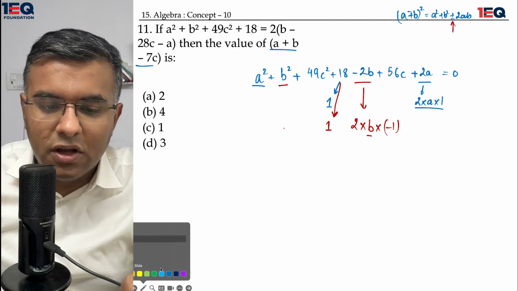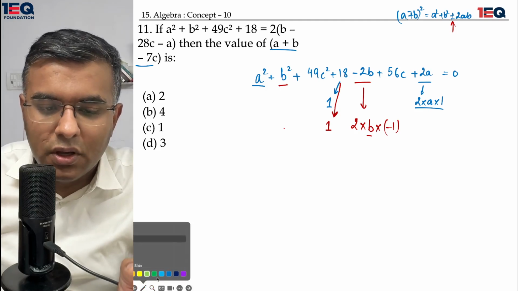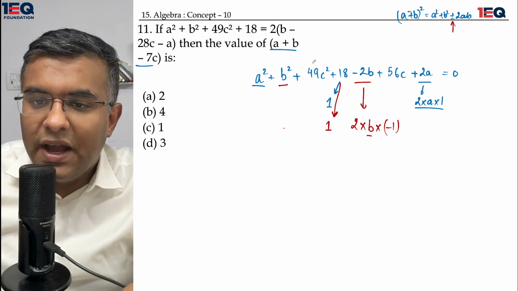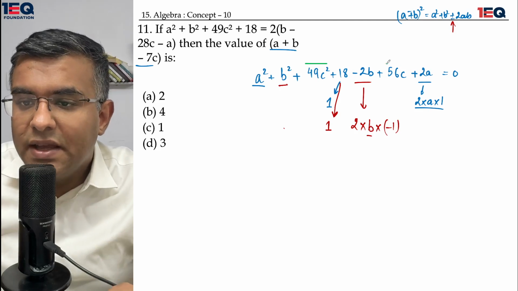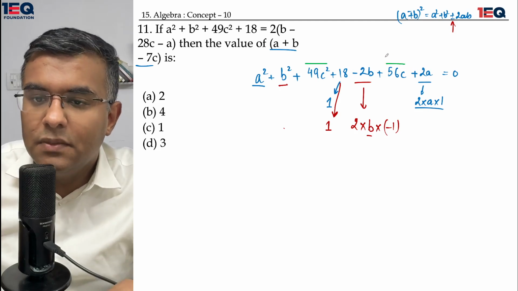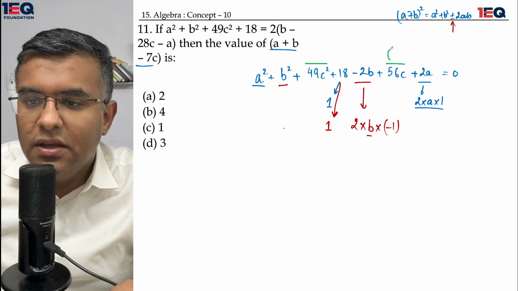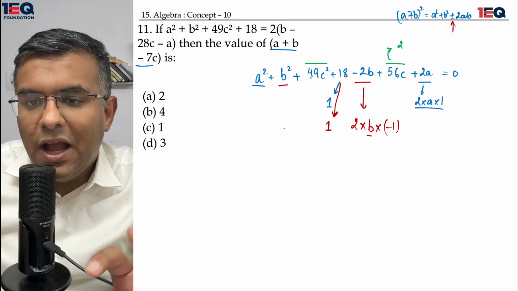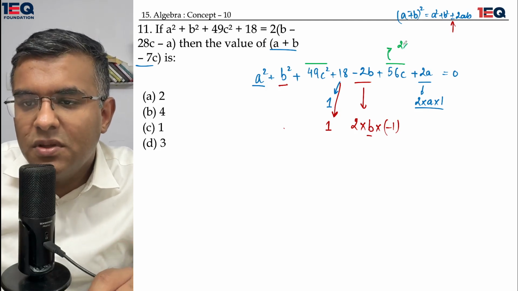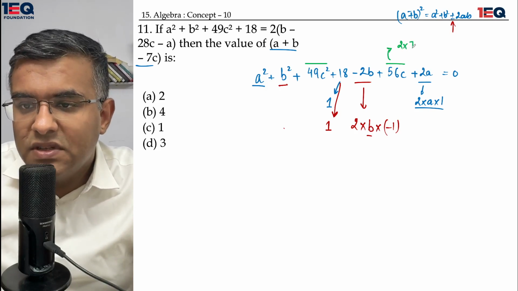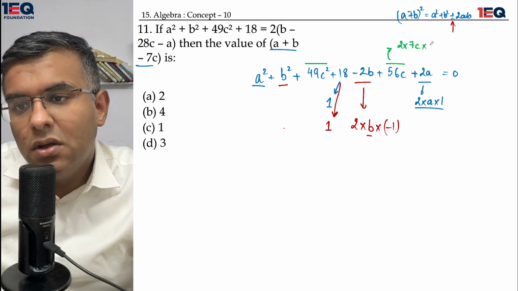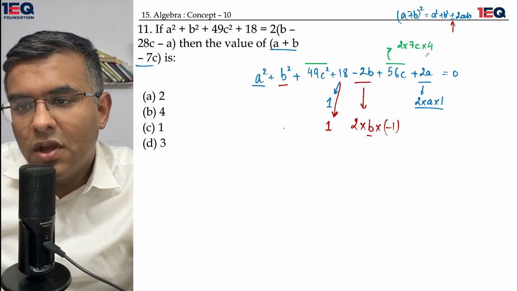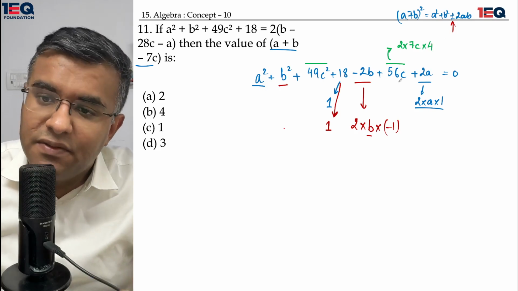Now, talking about c, I can see 49c square. Here I can see 56c. Now, if you look at it really closely, you would see that this is a mixture of two. I am getting a 7c from the source of c square. Now I am also getting a 4 here. That makes it 56.